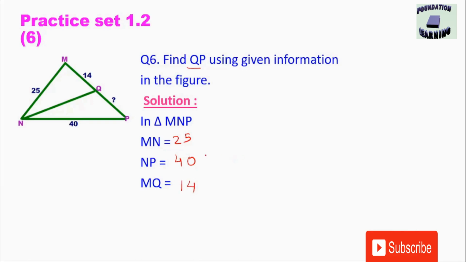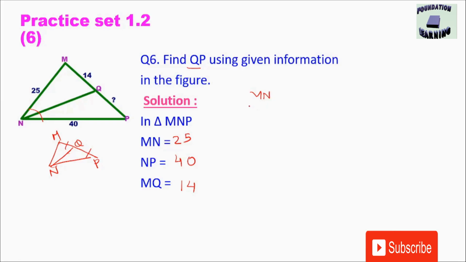Which theorem will we use? You can see that NQ is the bisector of angle MNP. So these sides are in proportion. According to the angle bisector theorem, which sides will be in proportion?